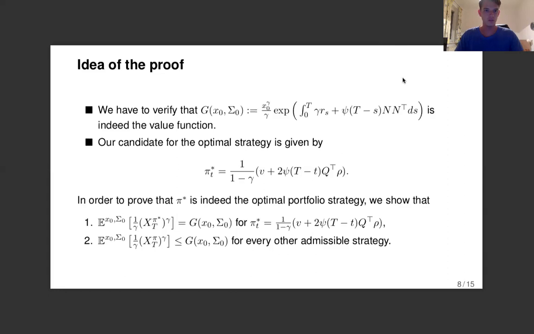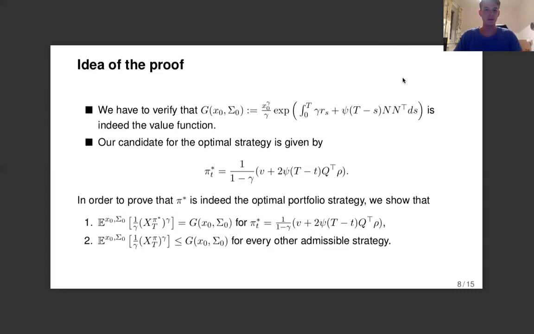The idea of the proof is the following. We have to verify that the function g is indeed the value function and that our candidate for the optimal strategy pi star is indeed the optimal portfolio strategy. And to this end, it is sufficient to show the following 2 points.